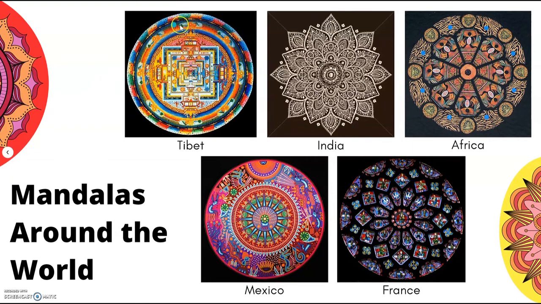They also usually have some sort of symmetry going around, so it's the same on this section as it is on this section, and so on, going all the way around the circle.